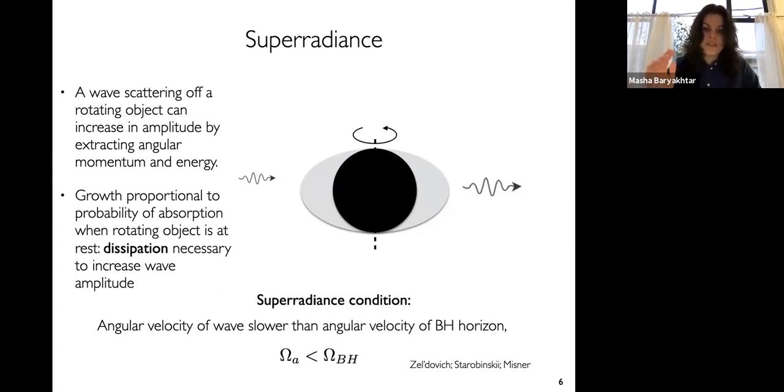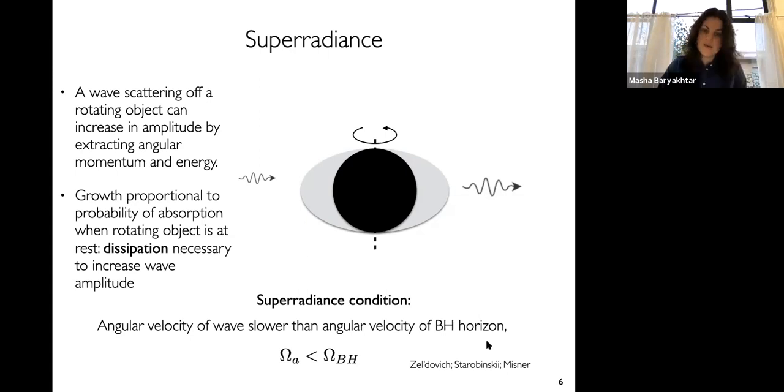So this dissipation is actually necessary to break, you can think of it as energy conservation or time invariance in the wave packet, and it can either grow or decay. If the object is rotating fast enough, the amplitude of the wave will grow and you'll slow down the rotation of the object. In this case, we'll think of the object as a black hole.